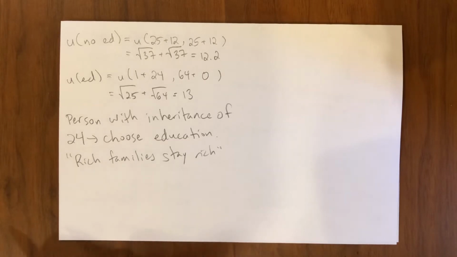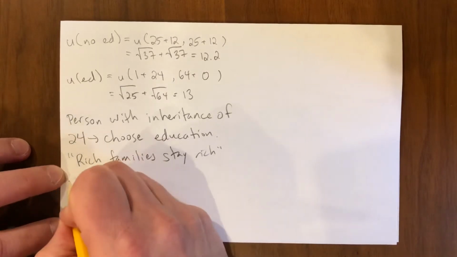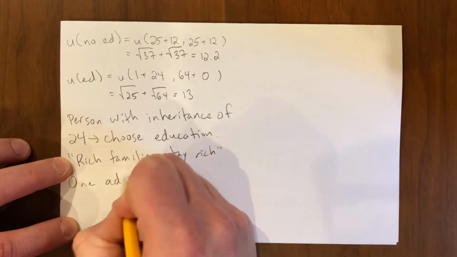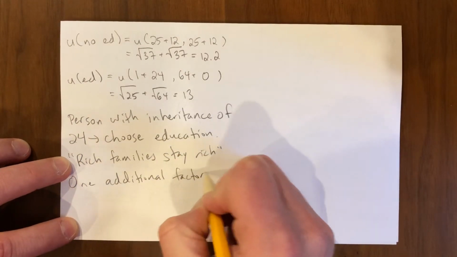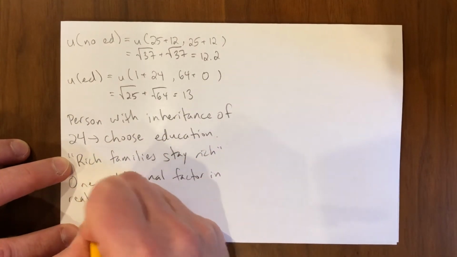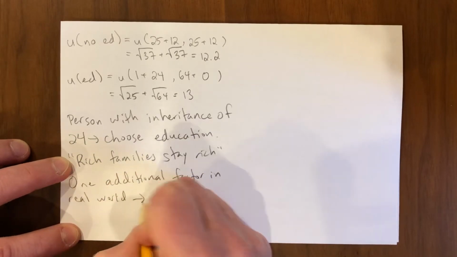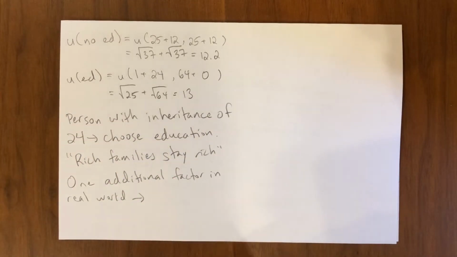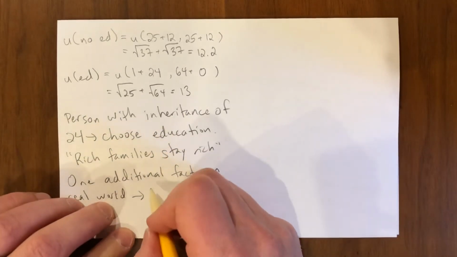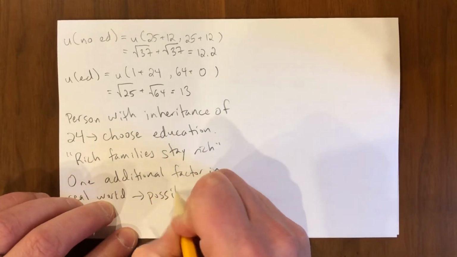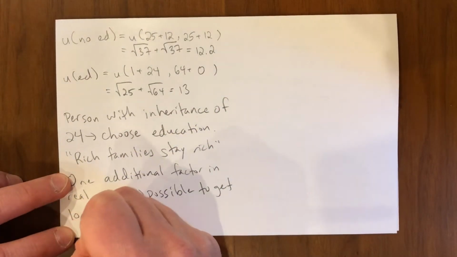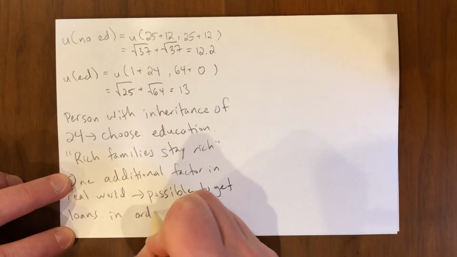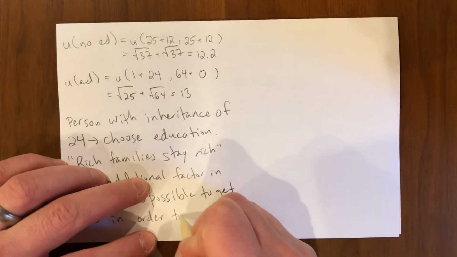So one thing that we have glossed over completely. So, one additional factor in the real world is that it is possible to get loans in order to get an education.